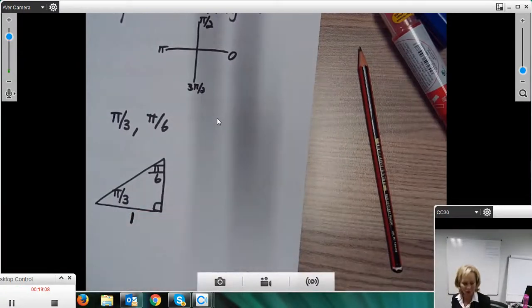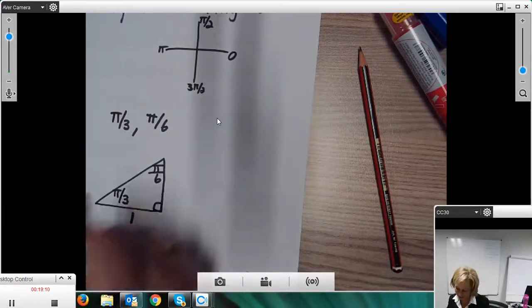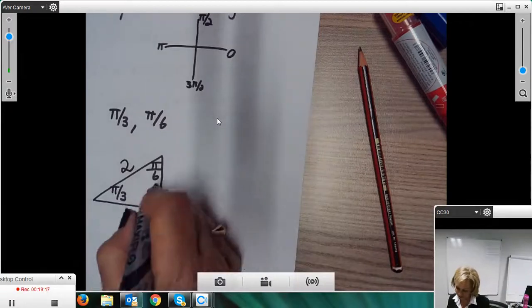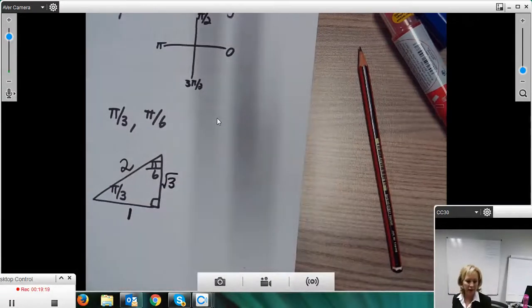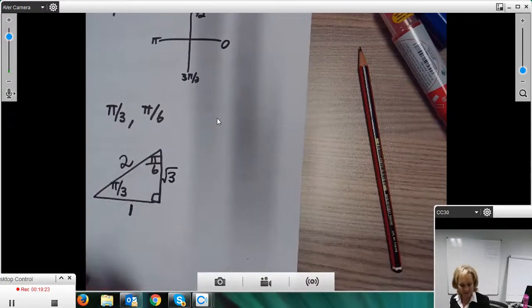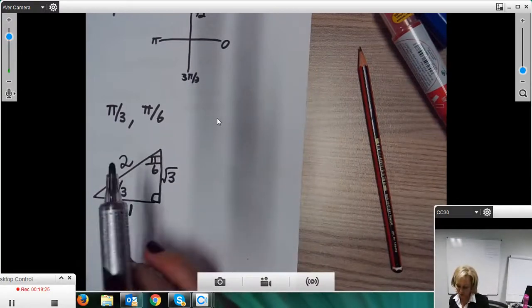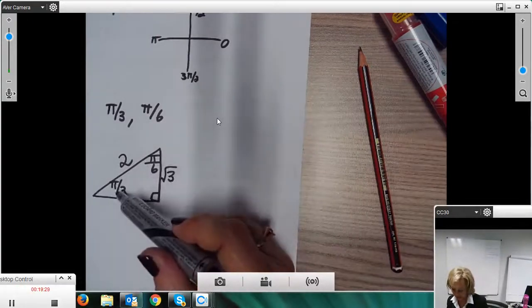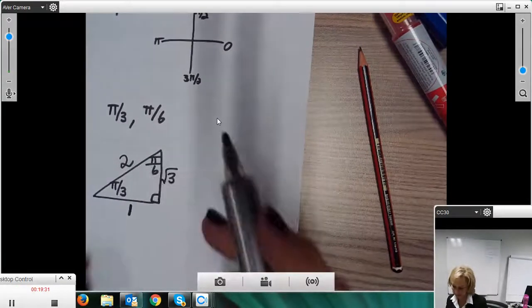Opposite the smallest angle comes the smallest side. The hypotenuse has to be the longest side, and by the theorem of Pythagoras, the remaining side has to be √3 units. So that is the special angle triangle if you want to read off any trig ratio with 60 degrees and with 30 degrees.